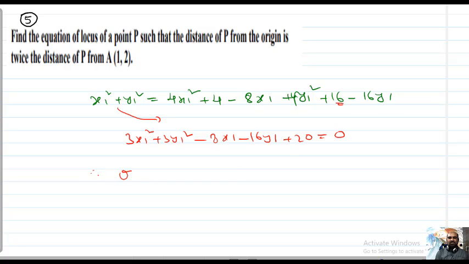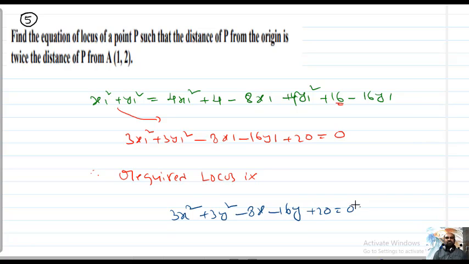Therefore the required locus is 3x square plus 3y square minus 8x minus 16y plus 20 equal to 0.